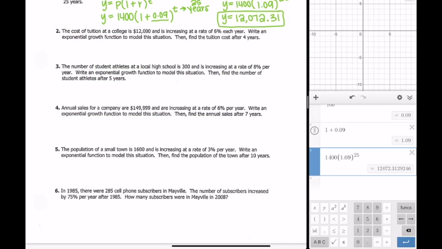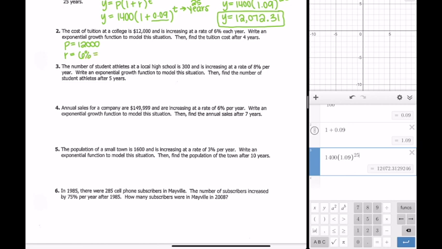So the cost of tuition at a college is $12,000 and is increasing at a rate of 6%. So it starts at $12,000. So our principal is $12,000. The rate of increase is 6%.